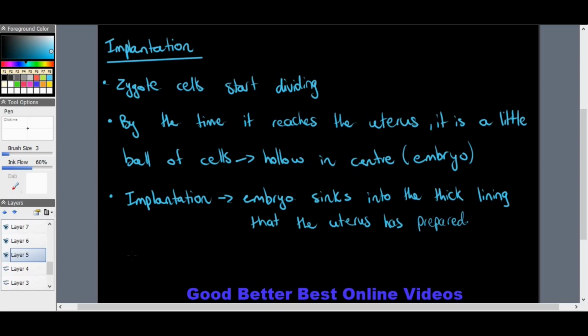Once this happens, there's a new term that gets used: the woman is now pregnant. The embryo cannot survive unless it is firmly implanted. From now on, everything it needs to live on will come from the mother's blood.